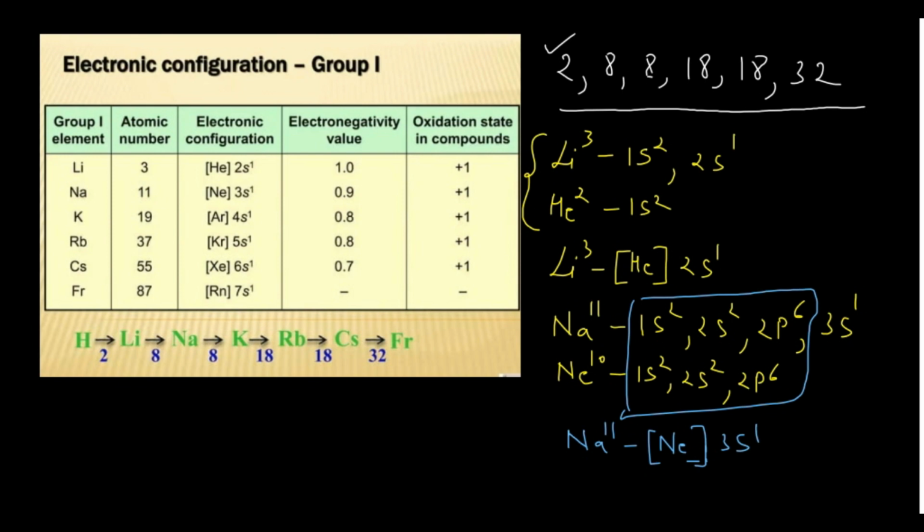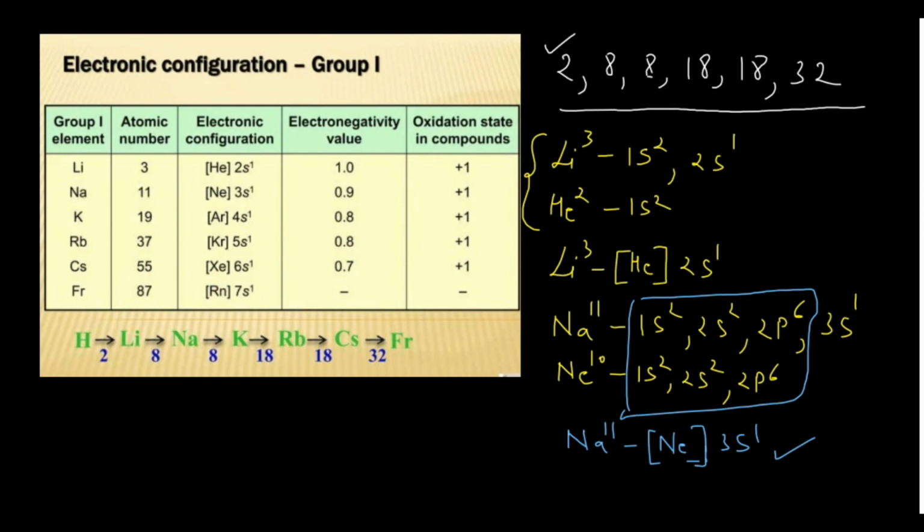So this is the electronic configuration of sodium. On a similar note, you can write the electronic configuration of the remaining elements, right? For potassium 19, you can write argon and 4s1, for rubidium 37, you can write krypton and 5s1, for cesium 55, you can write xenon 6s1, and for francium 87, you can write radon 7s1.